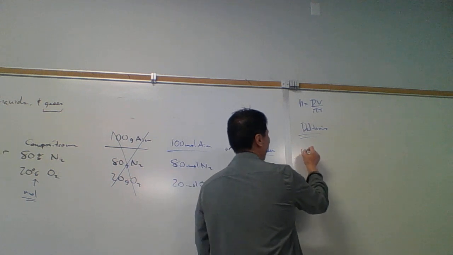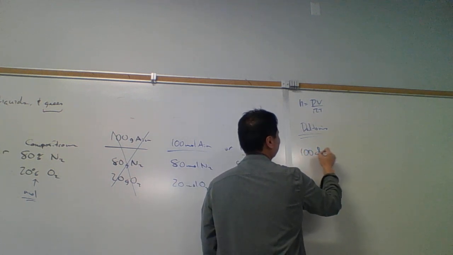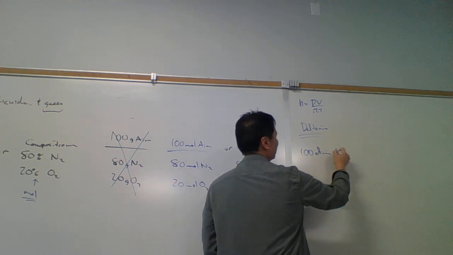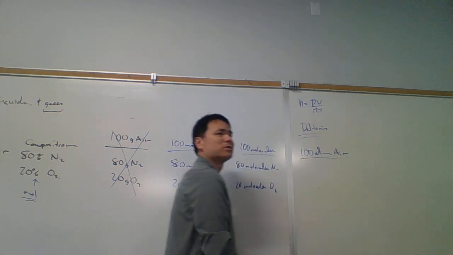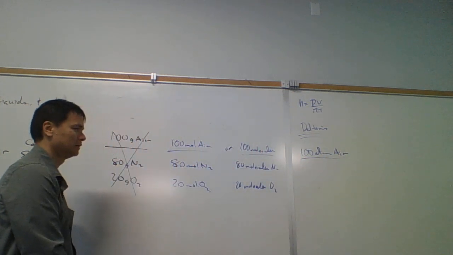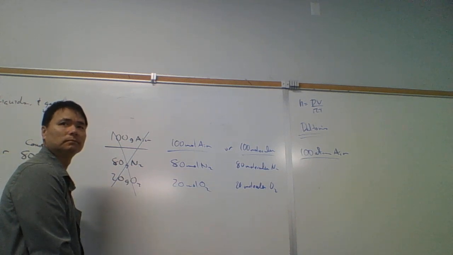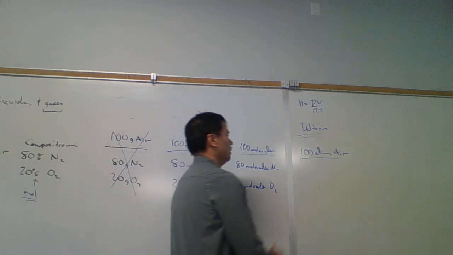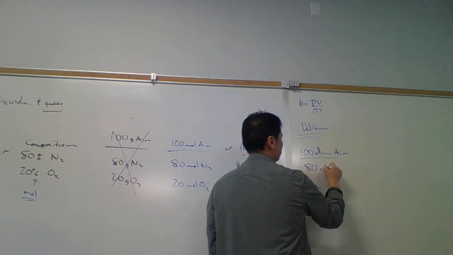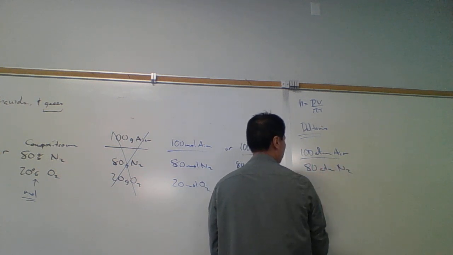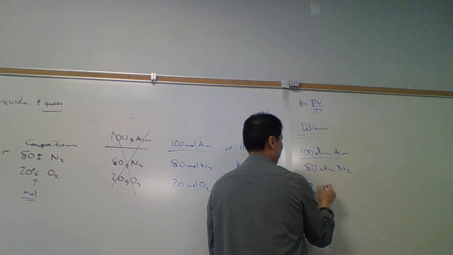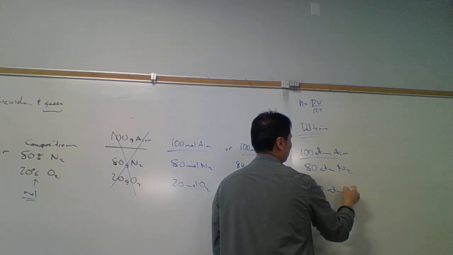If I have 100 atmospheres of air, how many atmospheres of nitrogen do I have? I would have 80 atmospheres of nitrogen and 20 atmospheres of oxygen.